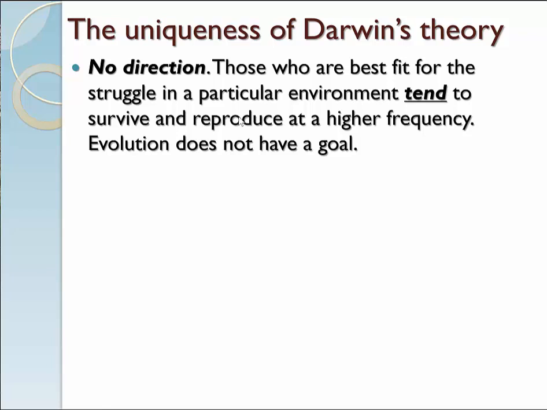This was a big problem for the acceptance of Darwin's theory, because this was a time during Darwin's day when the Industrial Revolution was going full bore. There were new factories with new machinery, there were new technologies. A little bit later, the telephone was invented. Automobiles were just around the corner.